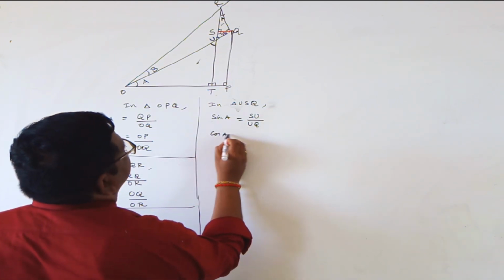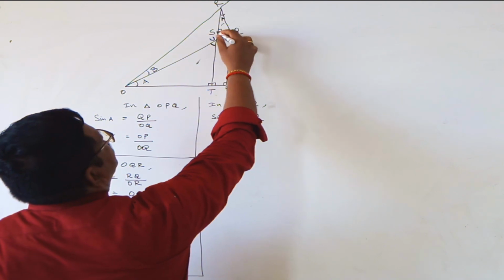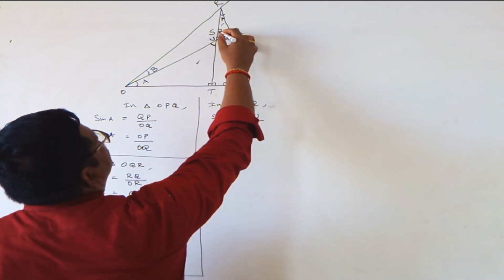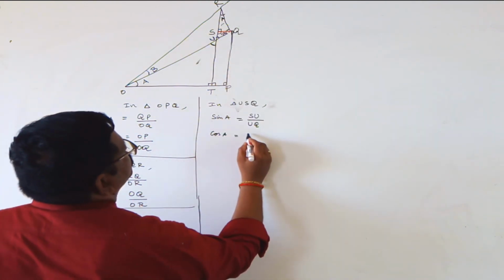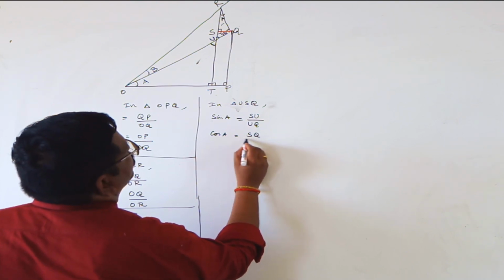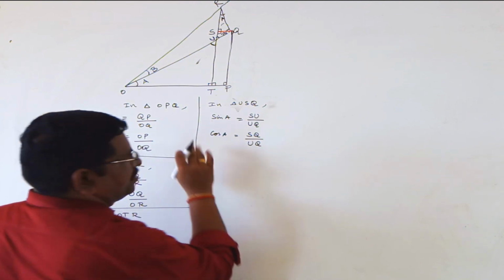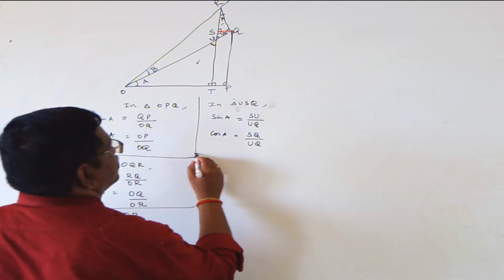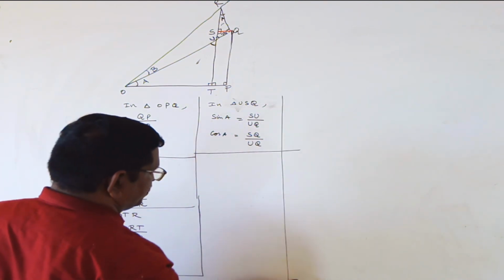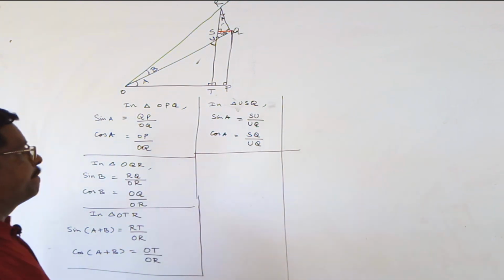Similarly, cos A is equal to the adjacent side SQ by the hypotenuse UQ. Simply we are finding out these values. If anything comes in use, we can use them, otherwise we can leave them.